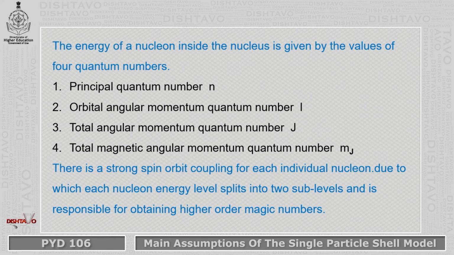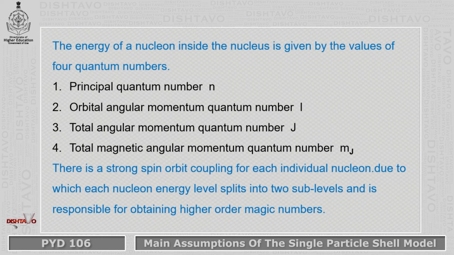The third one, quantum number j, which is the total angular momentum quantum number. mj is the fourth quantum number, which is the total magnetic angular momentum quantum number mj.